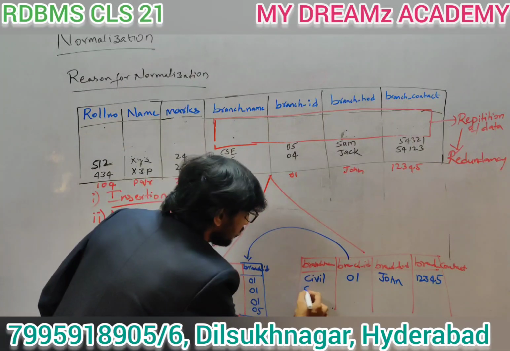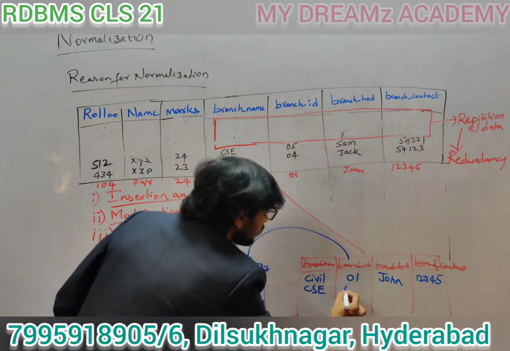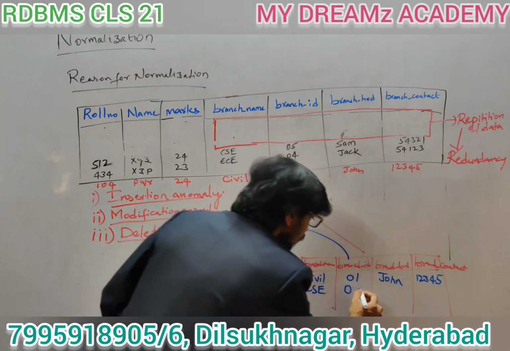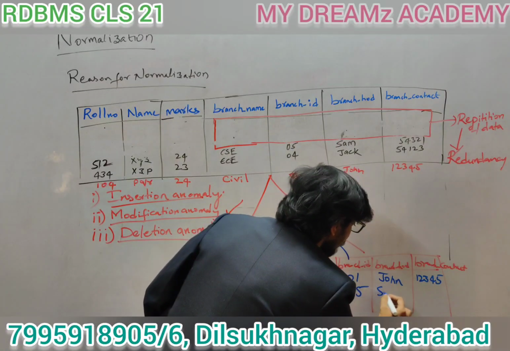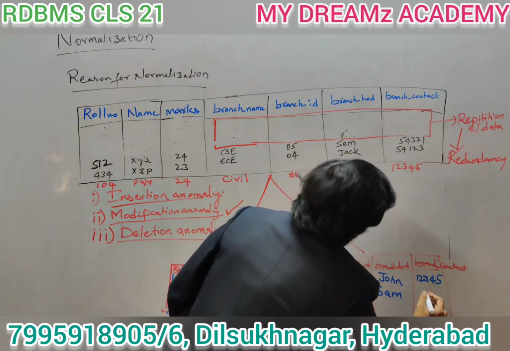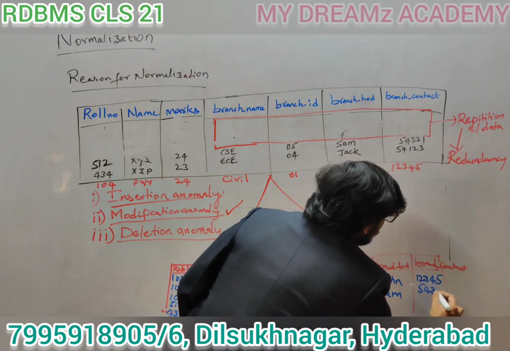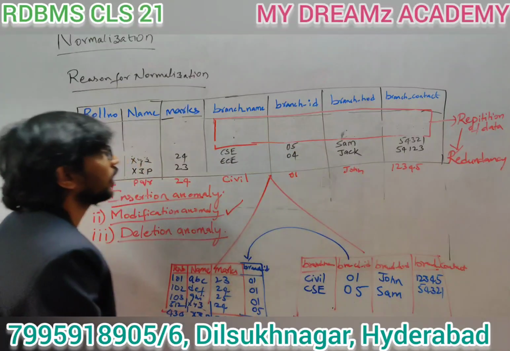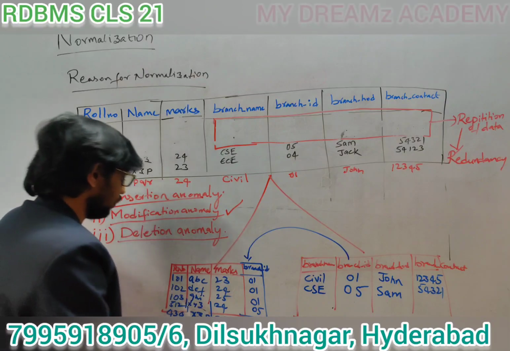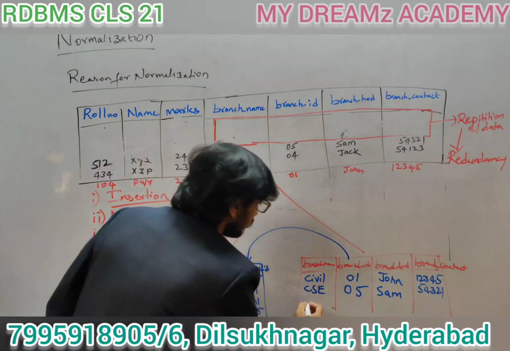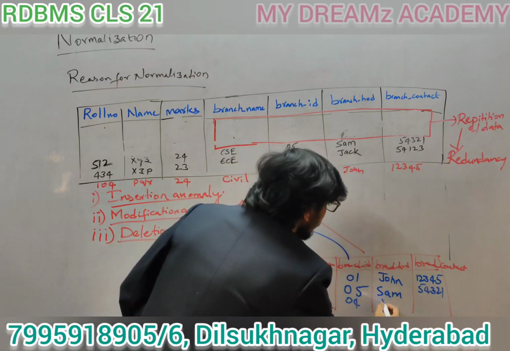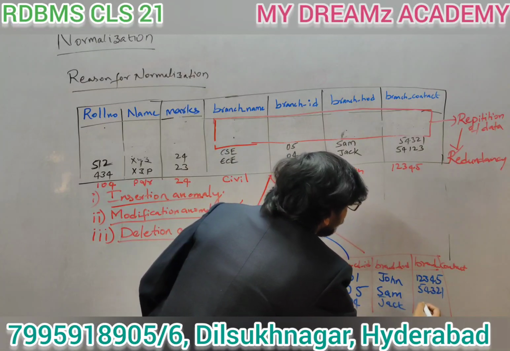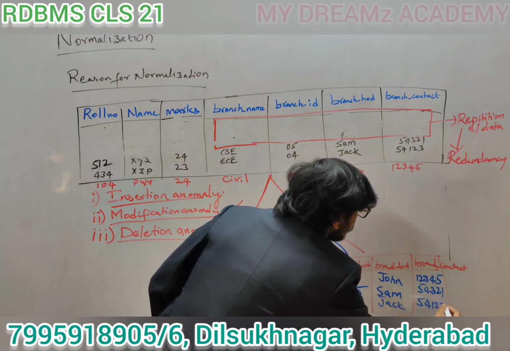What is the department? CSE, 05. Now what is this branch's HOD name? SAM, 54321. Okay, right? Now for ECE again, ECE, 04, Jack, 54123.